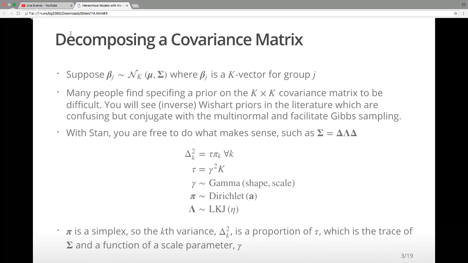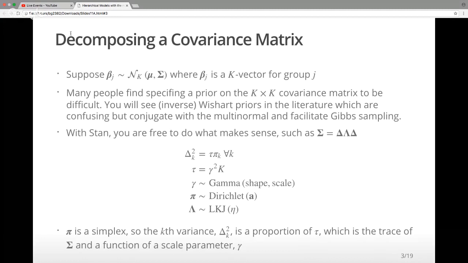And simplex vectors are relatively easy to reason about. Certainly the most common prior for those is the Dirichlet prior, the guy's name I can't pronounce, but it has shape parameter or shape vector A. And if A is equal to 1 for all k elements, like we talked about last week or 2 weeks ago, then that prior is going to be uniform over all simplex vectors of size k.